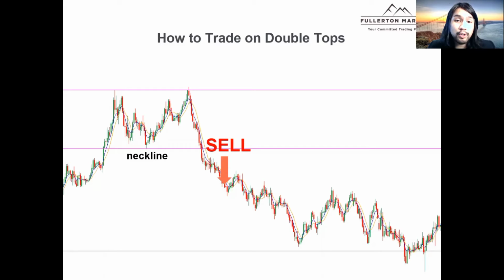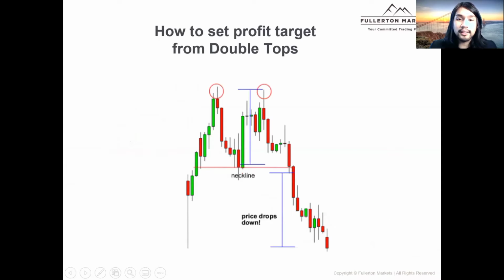Now you might be wondering, if I were to sell based on double tops, how should I fix my take profit? Okay, so let's just highlight these. This is how we set the profit for double tops. As you can see here, we have the neckline and the double top.